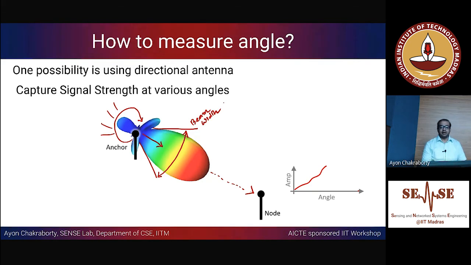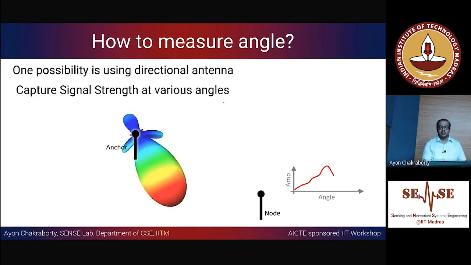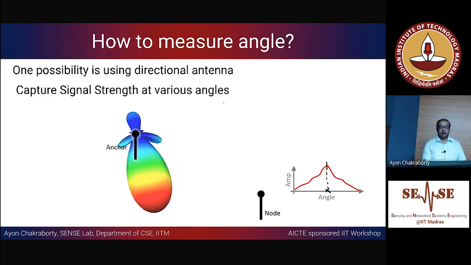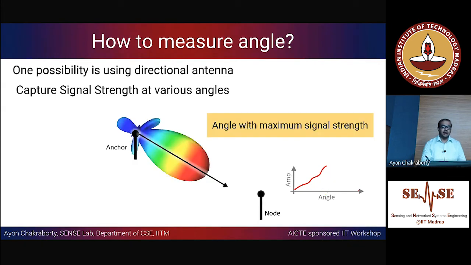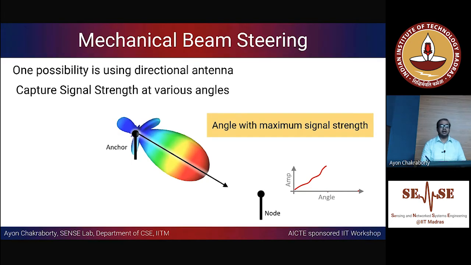But approximately, based on the value of the received signal strength, you can have a very good idea. Let's say here there was this maxima of the received signal strength, so I know that the angle of arrival of the signal was at this angle. Okay, so in that way you can figure out the angle, but you require a directional antenna, and whatever we did is known as mechanical beam steering.